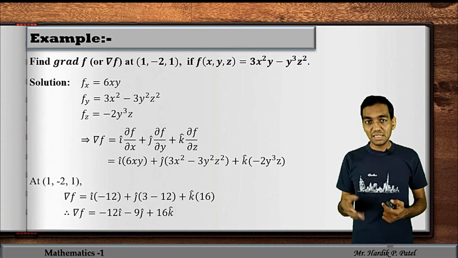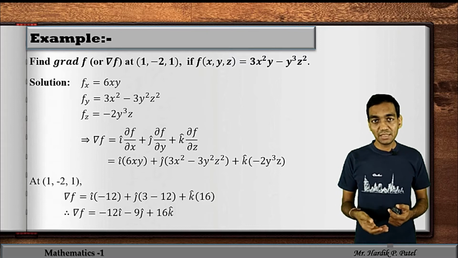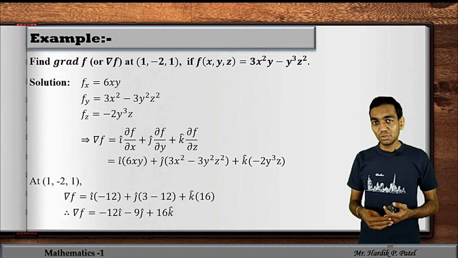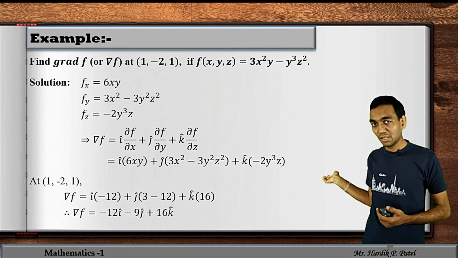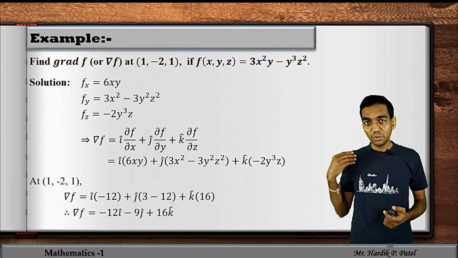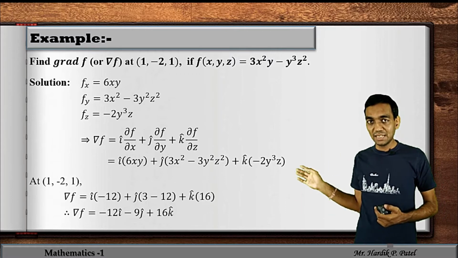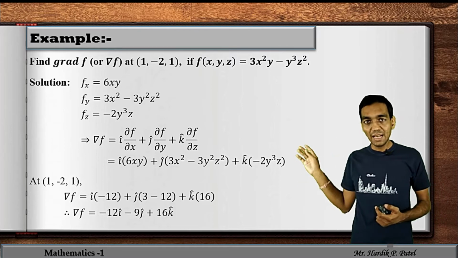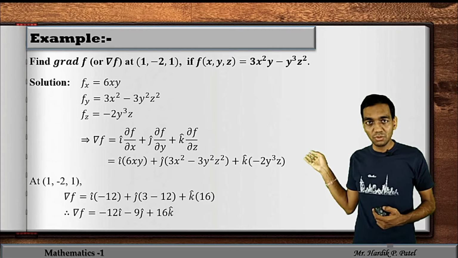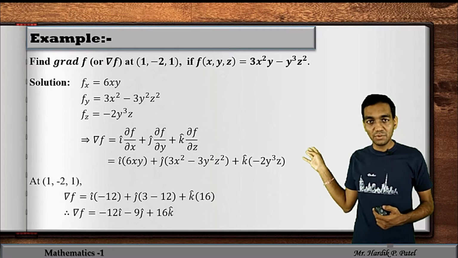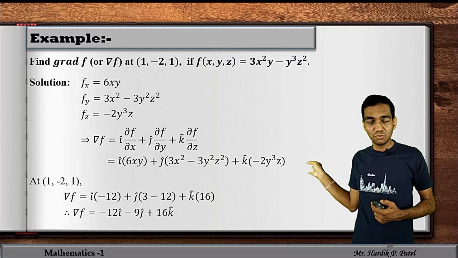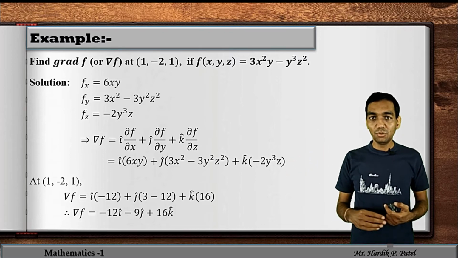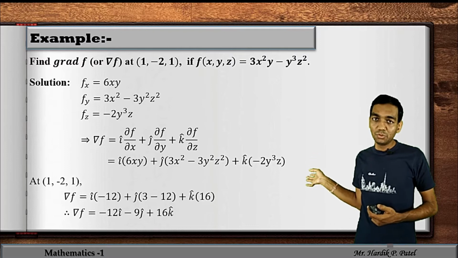Okay. So these are three values and you have to find the gradient at the point (1, -2, 1). So we are going to put the values x equal to 1, y equal to minus 2 and z equal to 1. Then your gradient is going to be i into 6 into 1 into minus 2 plus j into (3 into 1 squared minus 3 into minus 2 squared into 1 squared) plus k into (minus 2 into minus 2 cubed into 1).